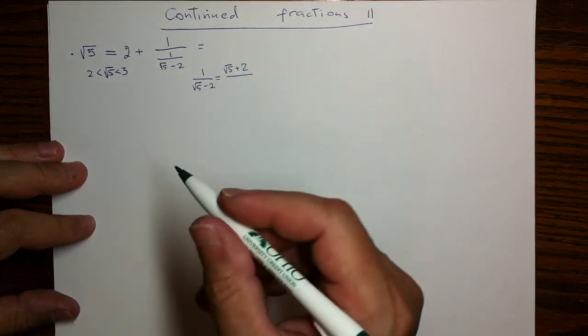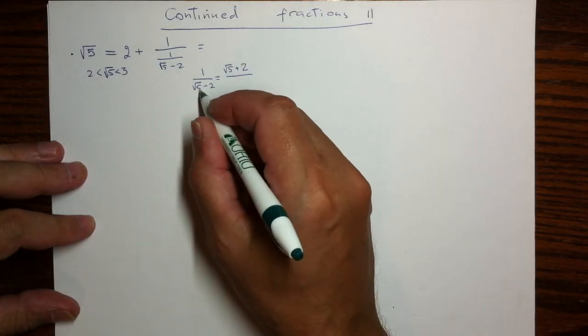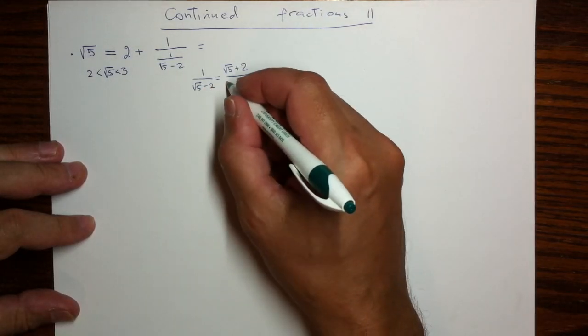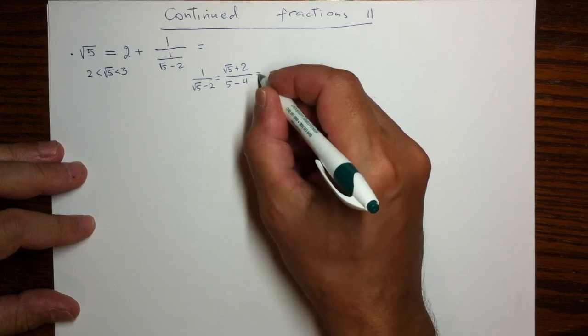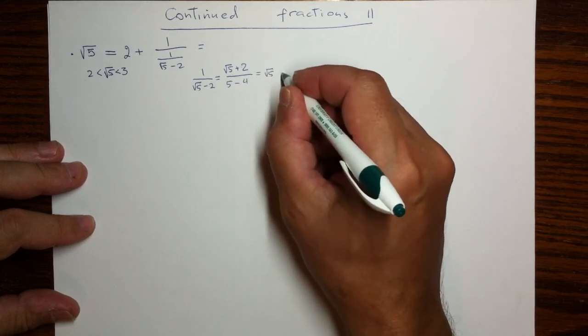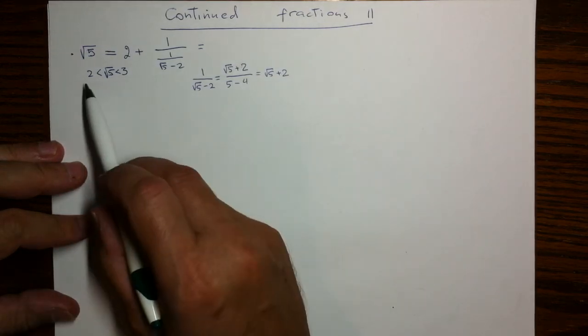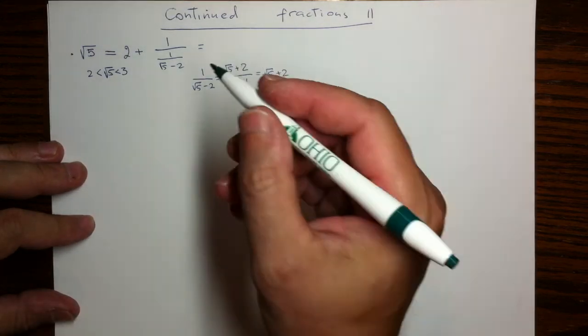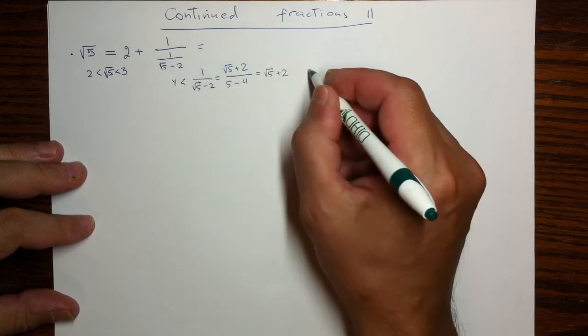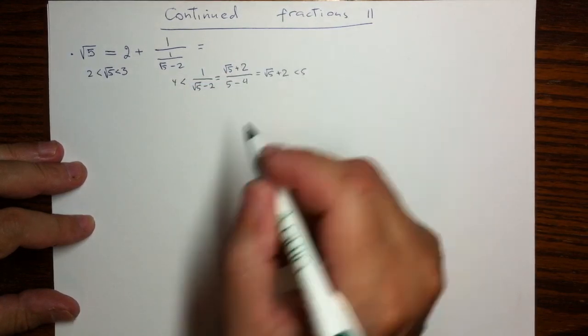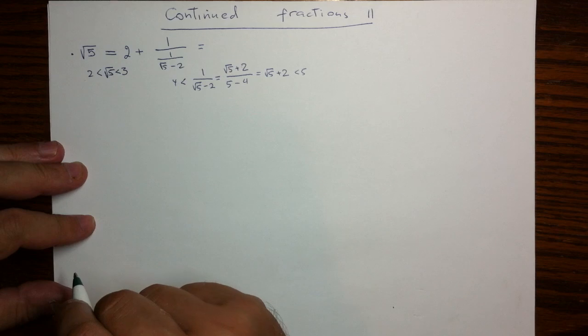So the denominator becomes a difference of squares, 5 and 4, and that is 1, and so we have square root of 5 plus 2. And square root of 5 is in between 2 and 3, and this number will be in between 4 and 5, because it's just a shift by 2 of the square root of 5.